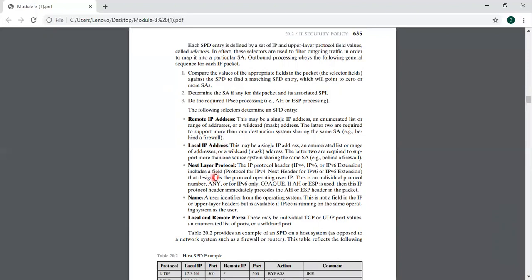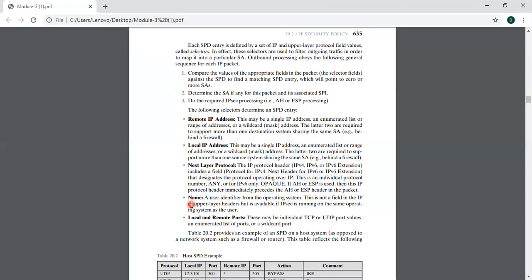Next layer protocol immediately indicates the next layer protocol. Name is used to identify things; here the name identifies a user from an operating system. Local and remote ports may be individual TCP or UDP port values.